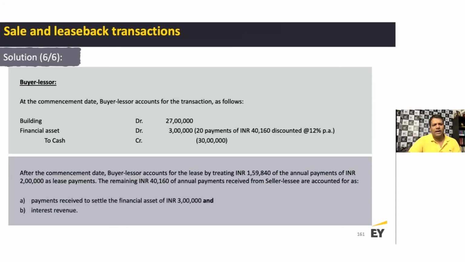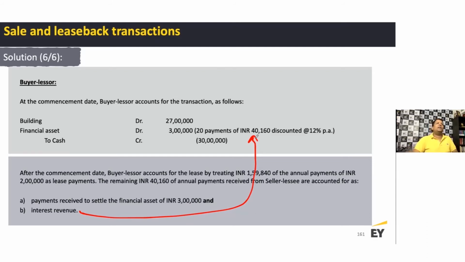So I'm going to receive the payment settled 3 lakh, and there will be interest revenue in relation to this, 40,160 at the rate of 12%. So in year one, on 3 lakh at the rate of 12%, you'll follow a simple effective interest rate method. In year one, your interest income actually will be 36,000, which will keep on going down, and you will simply keep on adjusting. So that's how the buyer lessor will do the accounting.